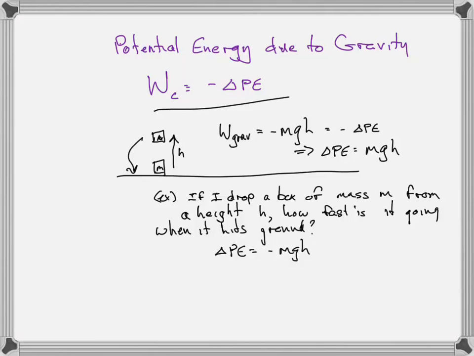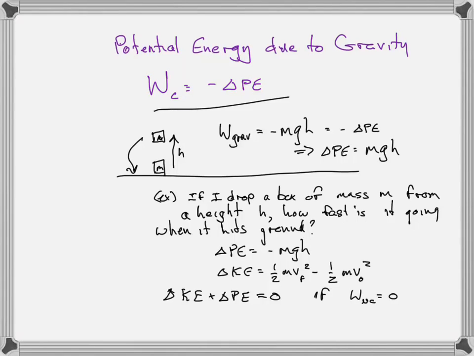Okay, so the delta KE is unknown, but it's 1/2 mv final squared minus 1/2 mv initial squared, and delta KE plus delta PE is equal to 0. That's energy conservation if there are no non-conservative forces, which there aren't because we didn't say there was going to be friction.